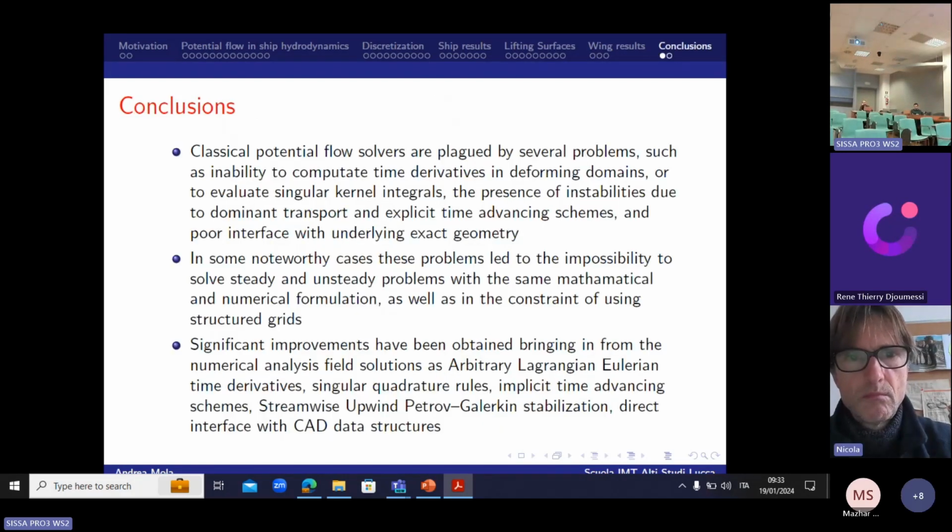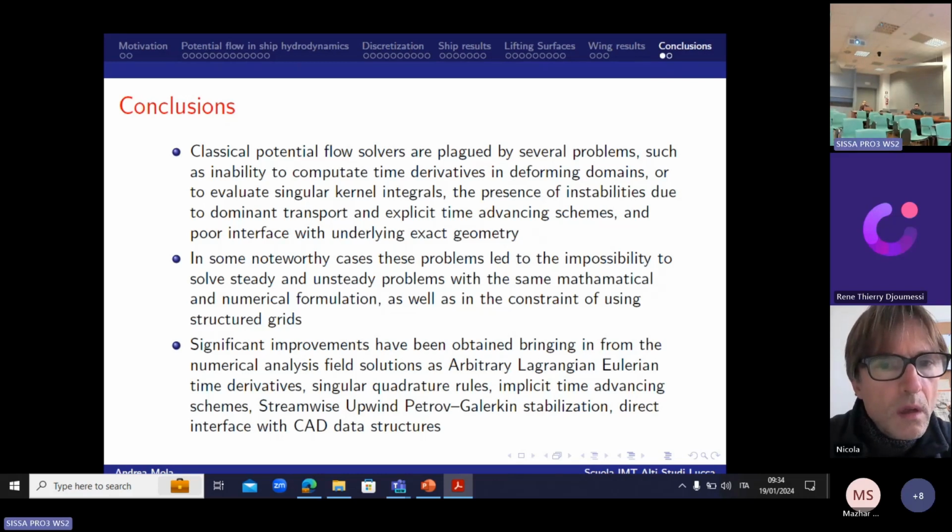And so I come to my conclusions, as I hope I have got through in my talk. Classical potential flow solvers are plagued by all sorts of problems: inability to compute time derivatives in deforming domains, evaluate singular kernel integrals, presence of instabilities due to dominant transport.